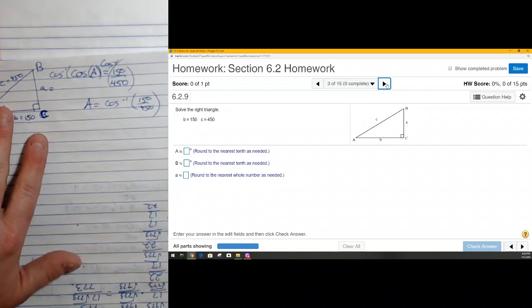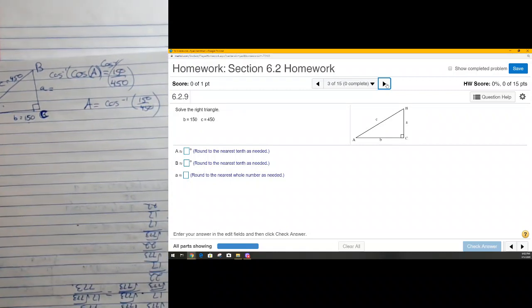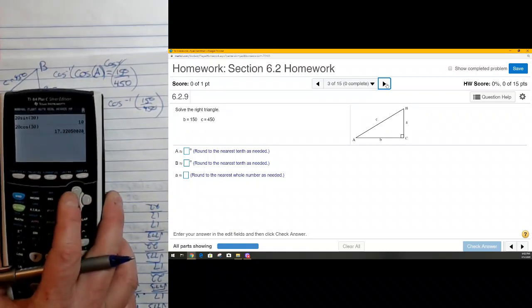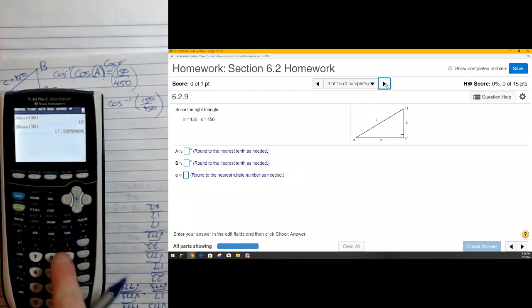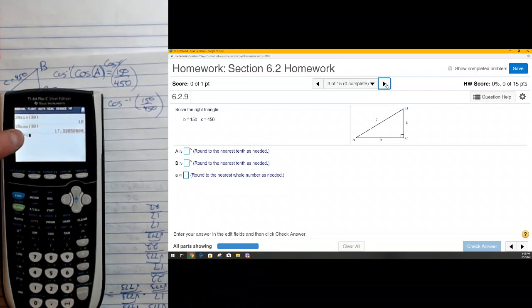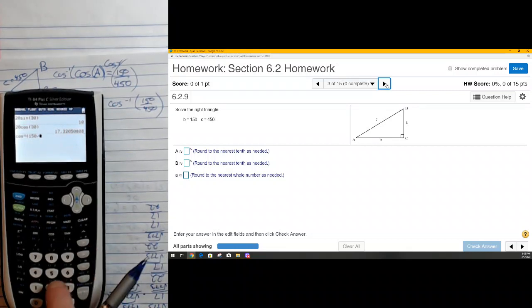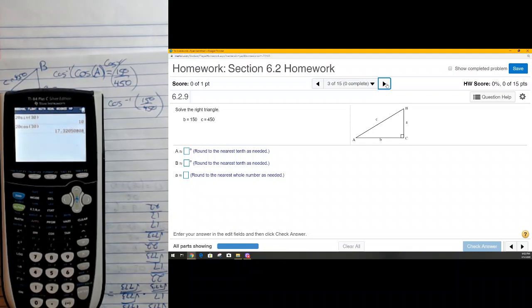So we're using our inverse trig function, which is pretty easy to do on the calculator. I'm going to do second cosine, and we're going to get that cosine and that -1. Remember, that represents the inverse notation for functions. Use 150 divided by 450, again making sure that we're in degree mode. And we get 70.5 degrees.